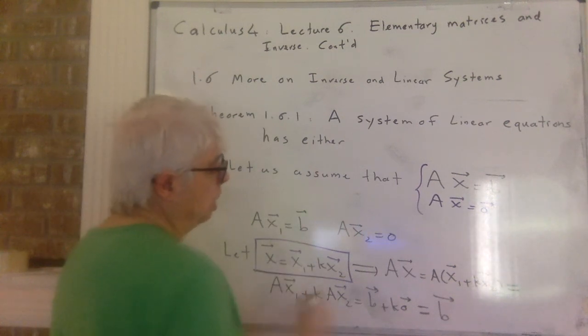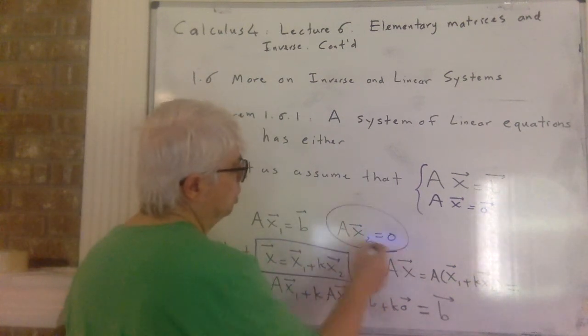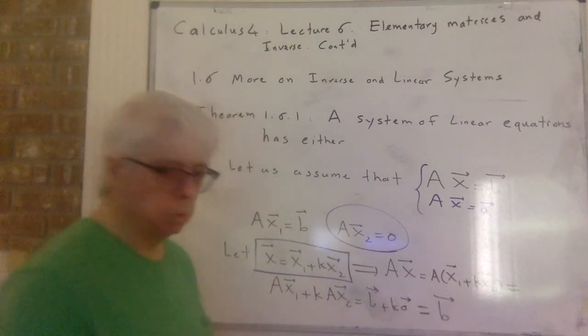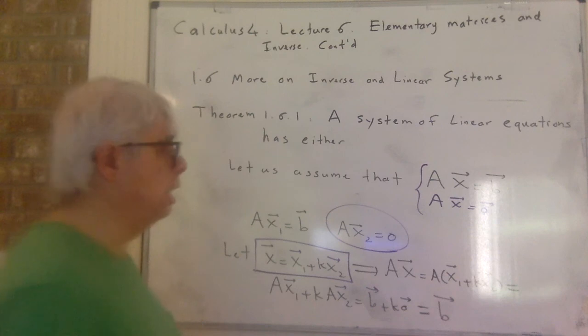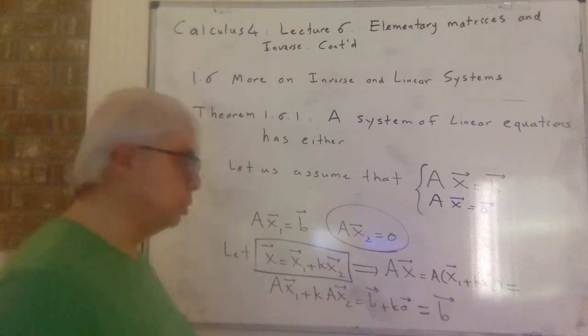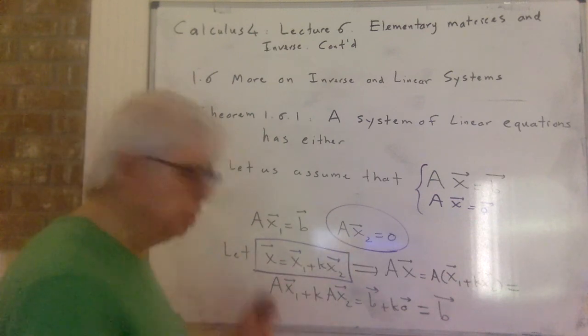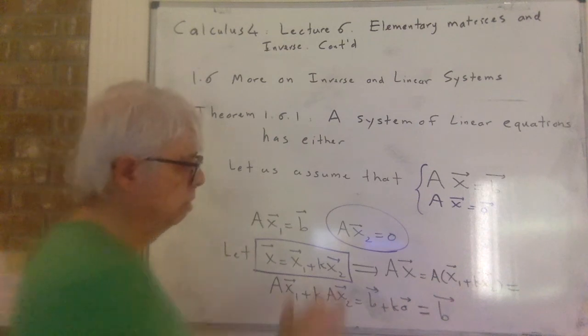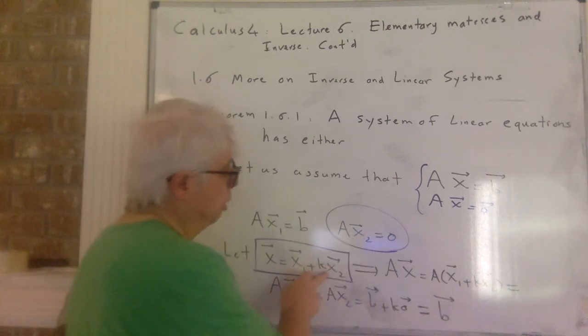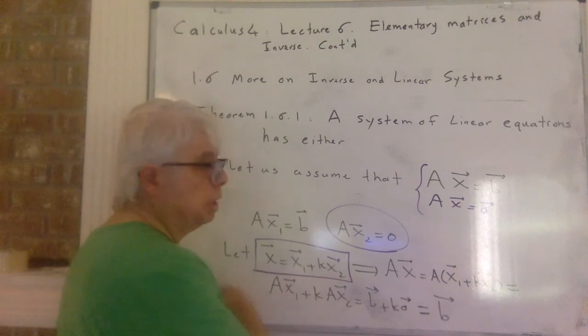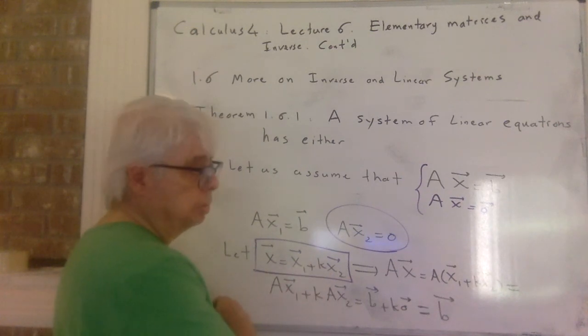But you can ask this question, what if this has only one solution, which is 0? If this has more than one solution, just another one, not 0, and I write it here, then I will get infinitely many solutions.